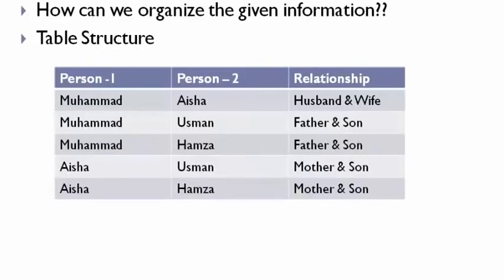Now, to organize the information that we have seen in the previous slide, I'm showing you a tabular structure to organize the data. As you can see here, we have three columns: the first column is for person one, the second column is for person two, and the third column represents the relationship.